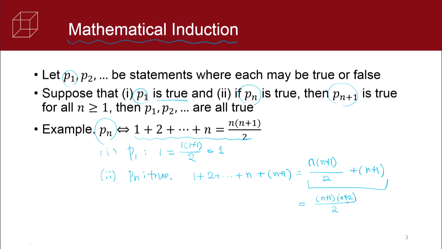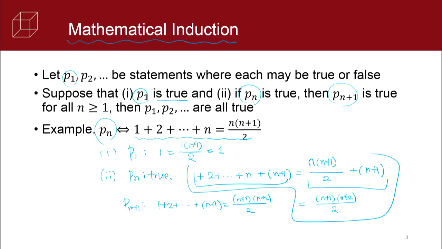So what we can say here is that Pn plus 1, 1 plus 2 plus up to n plus 1, is equal to n plus 1 times n plus 2 over 2. So if Pn is true, then as we can see from the statement, Pn plus 1 is also true.